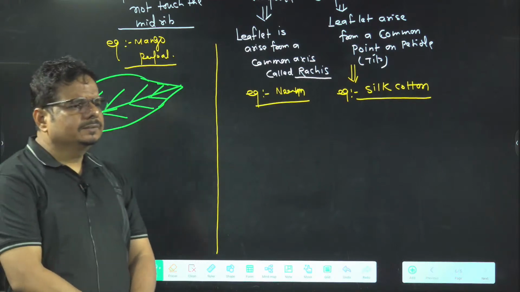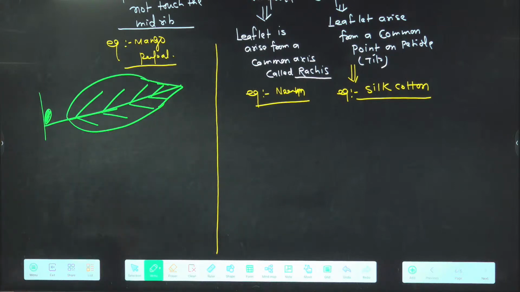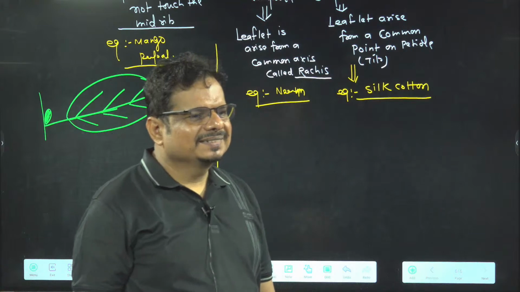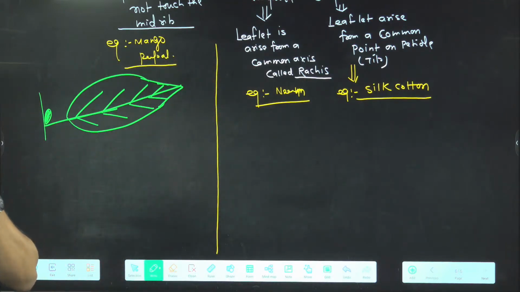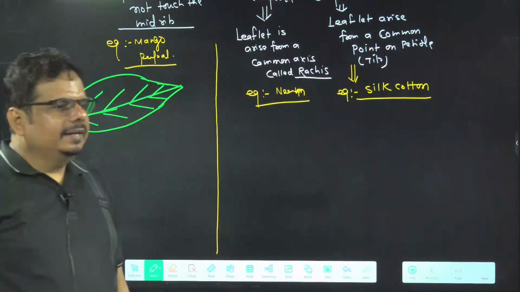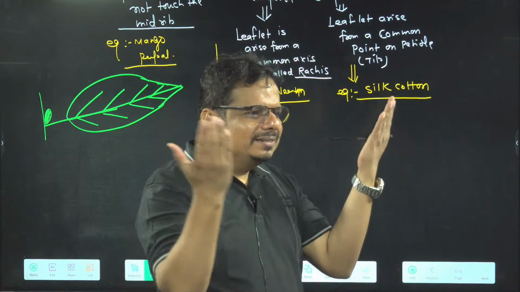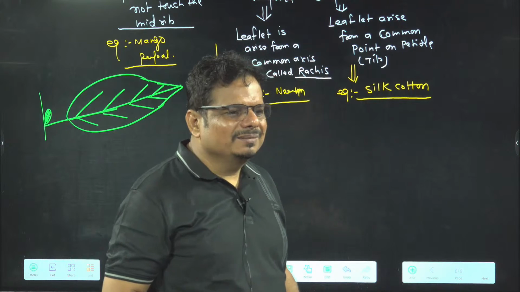Simple or compound? Simple. Why is it simple? Incision is not there. If incision is not there, how can it touch the midrib? Incision is not present.